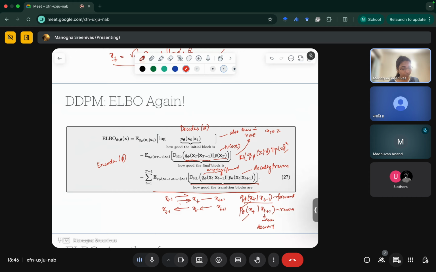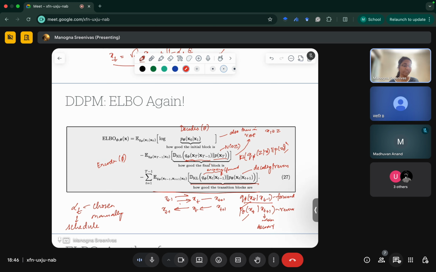This alpha t, which we discussed, is chosen manually. So this is already fixed. Because you are fixing this alpha t, the schedule is fixed. This is what we call the denoising schedule.